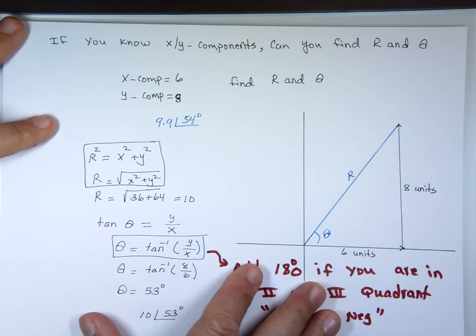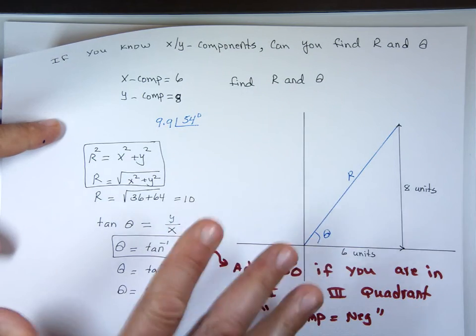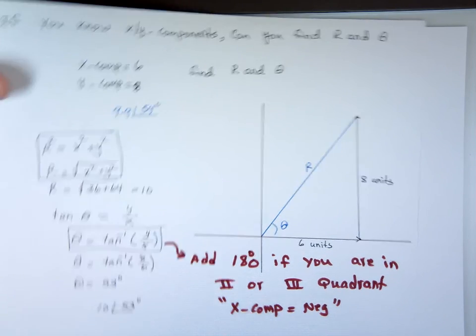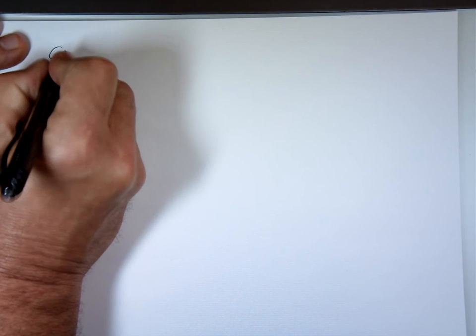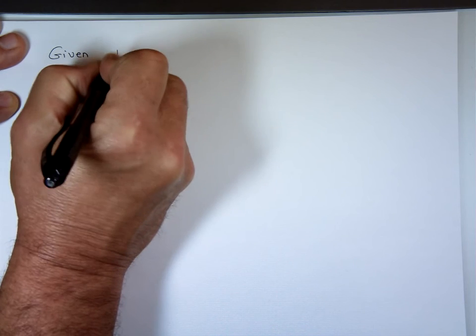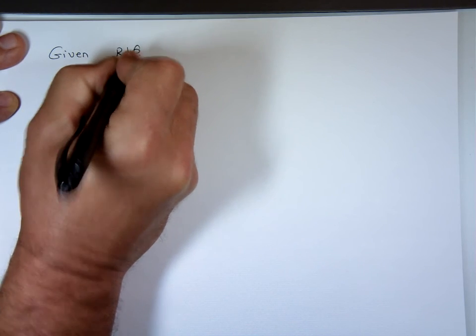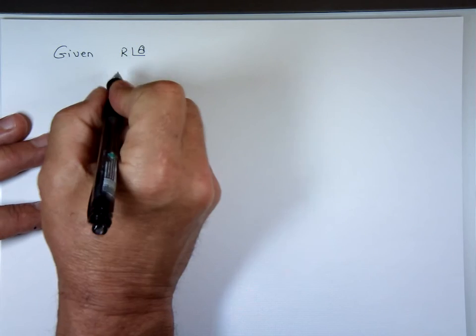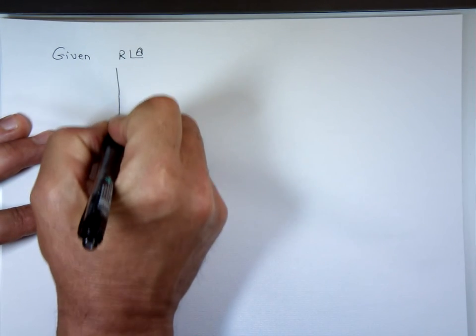So to summarize this section, I'll summarize it for you. And that'll be the end of this section. I'll make it in big writing so you can see. If you are given r and theta and you want to find the x and y, here we go.